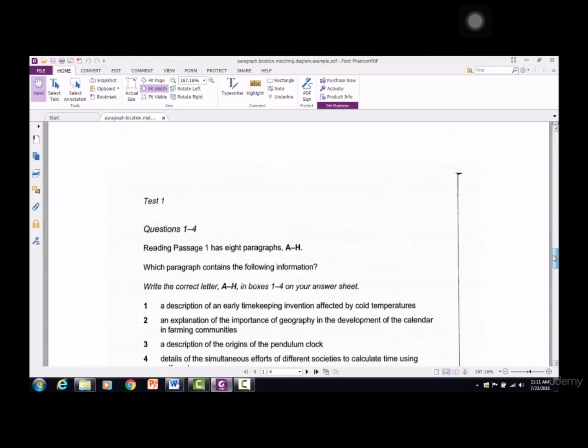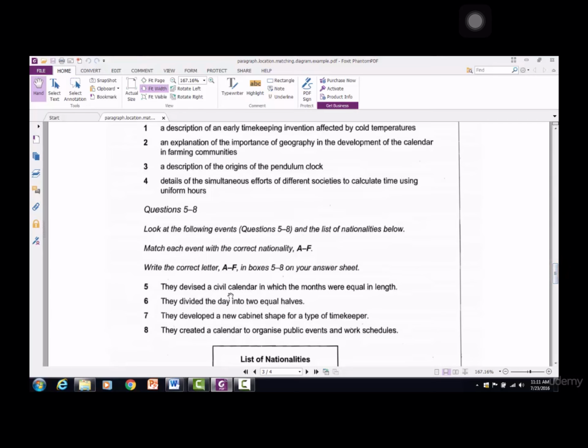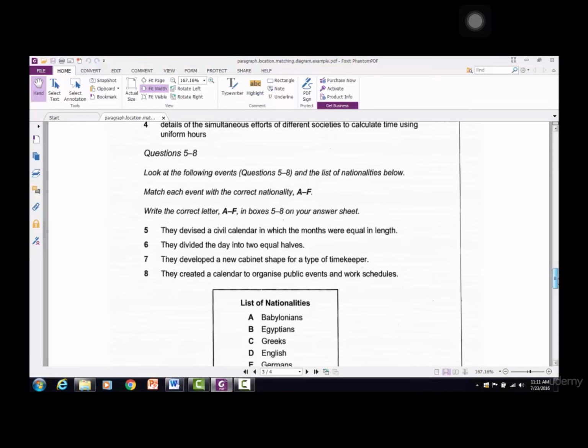And we can see that is a match for what we saw earlier: they devised a civil calendar in which the months were equal in length. So for number 5 on our answer sheet, we would put B for Egyptians.